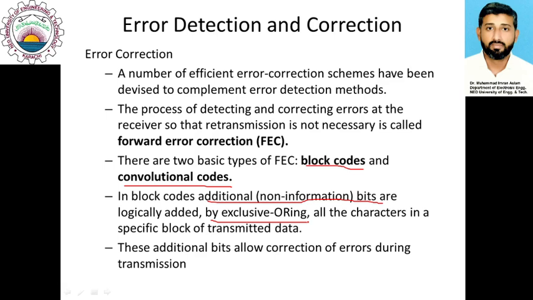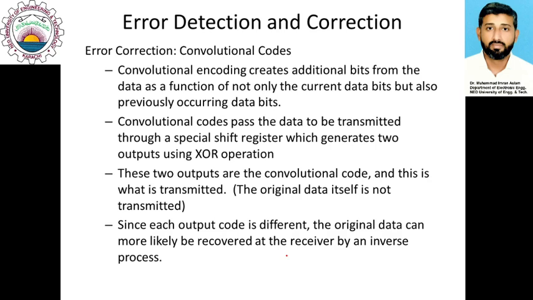On the basis of reversing that operation at the receiver side, we can not only detect the error, but also correct errors to some extent. So these additional bits allow correction of errors which occur during transmission.